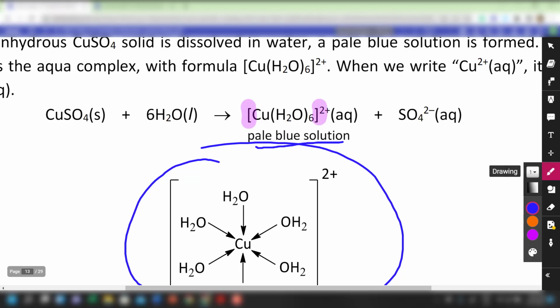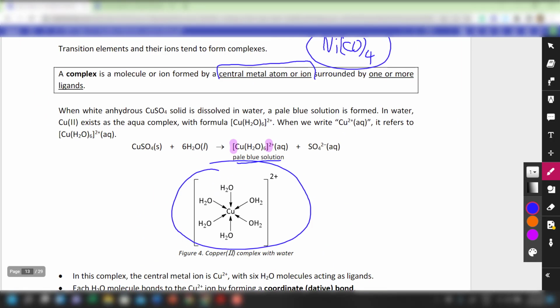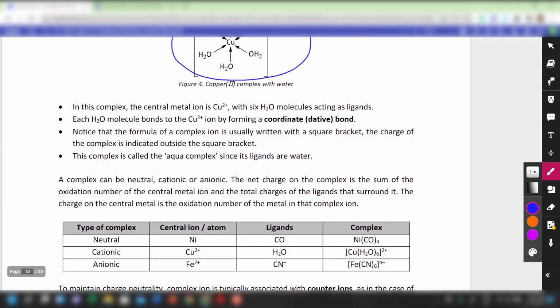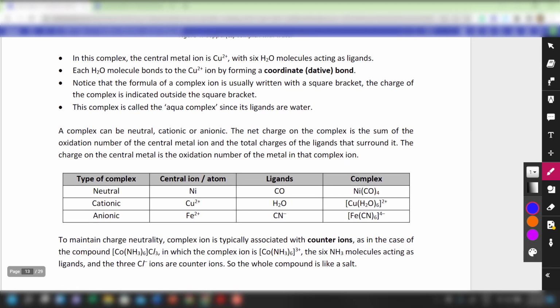Some of you might think that this might interfere with the concentration symbol. Not to worry. As long as you are clear and know what's going on, that should be fine. In general, we will put a square bracket around a complex. We call them aqua complexes because water is the ligand. I think we have discussed this.